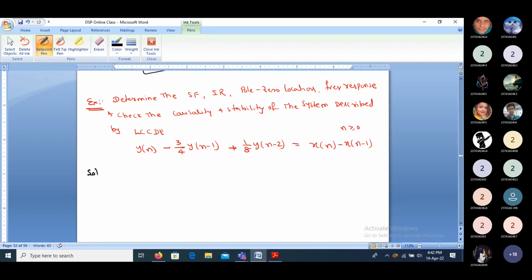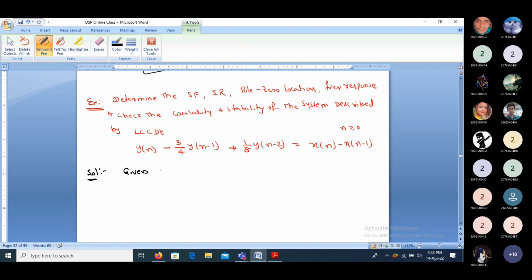So how can you solve this one? I think all of you are following this problem. With the help of this problem, clearly we get a complete idea about the applications of the Z transformations. Okay, so first the given equation.